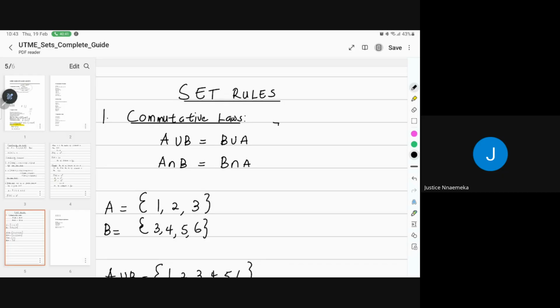So what we are trying to draw out from here is that union and your intersection are commutative. These are key points you need to always remember at every point in time.